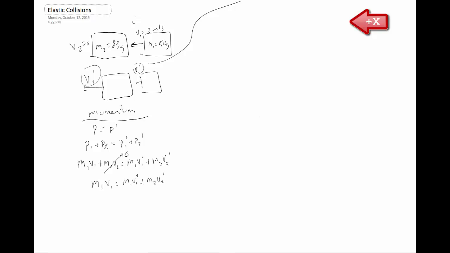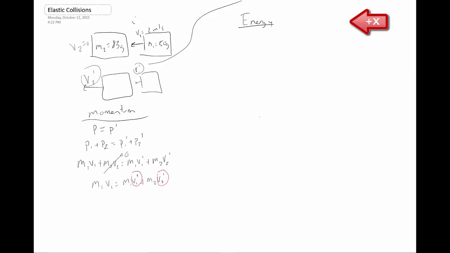That's all well and good. We know the masses, we know the initial velocity. The problem is, look at our unknowns. We have two unknowns: we don't know v1 prime or v2 prime. So that's why we now need to go to a different equation. Let's look at our energy equation. Energy is only conserved in what we call elastic collisions, or collisions where we haven't lost a lot of energy due to heat.